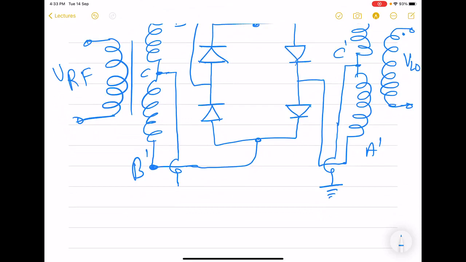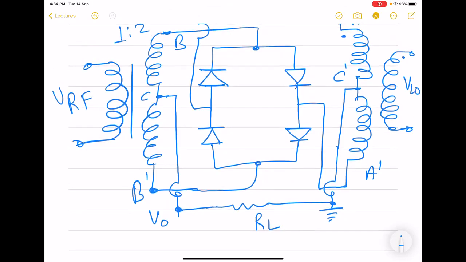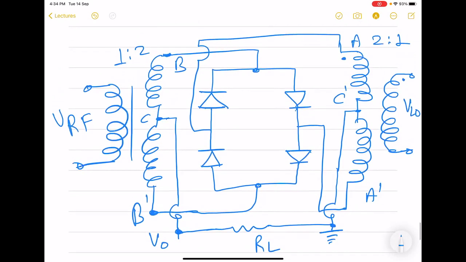And this output is single ended, so there will be a load connected between this node and ground. Here we already have ground at C dash, so this is connected like this. So this is the circuitry of a double balanced diode mixer.